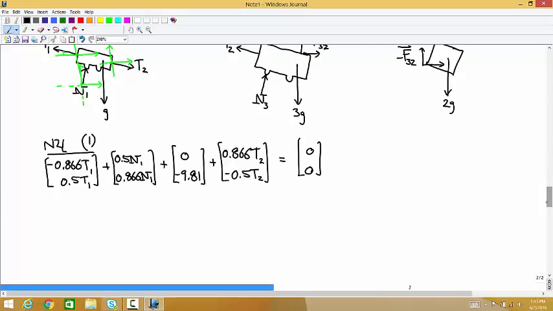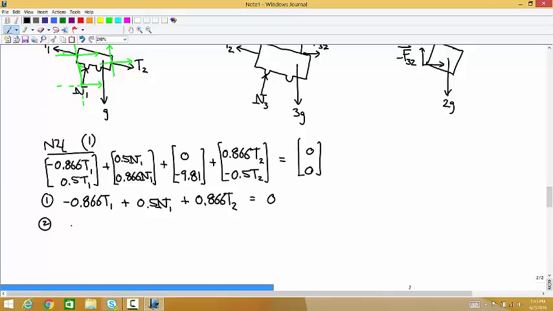So we have two useful equations. The first one says negative 0.866 T1 plus 0.5 N1 plus 0.866 T2 is equal to 0.